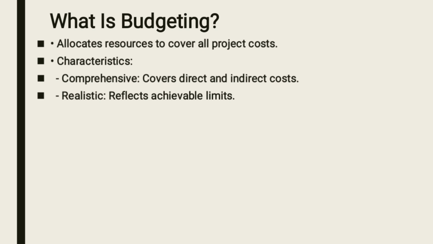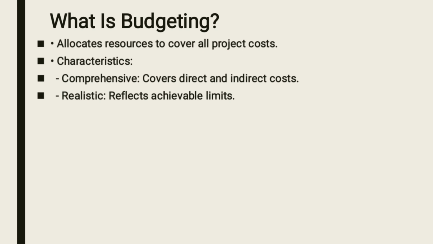Inside your office, you need stationery. It is an indirect cost because it will not be directly needed on your project tasks. You might need a laptop, you need internet. Those are indirect costs. So make sure that in your budget, you consider all the direct as well as the indirect costs.